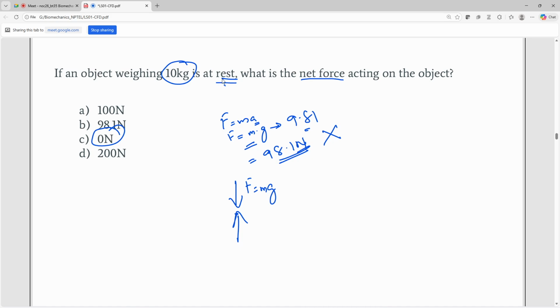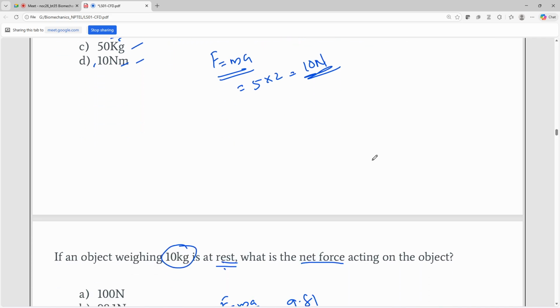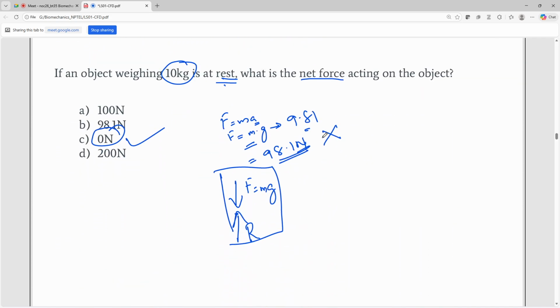But the question is not saying that. It is saying it is not moving, that it is at rest. And what is the net force? When something is at rest, it is in equilibrium. So there is something opposing the force, that is the reaction force. So equal and opposite reactions are cancelling each other. So the net force is zero. That is option C. So whenever you see a simple question, most probably it will try to make you do a wrong calculation.